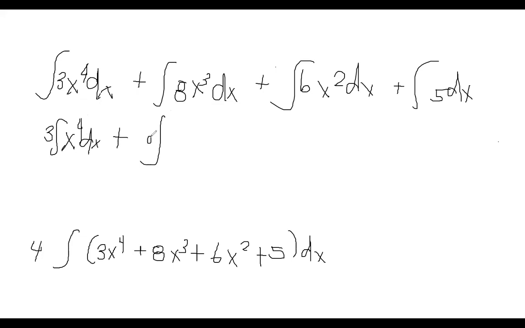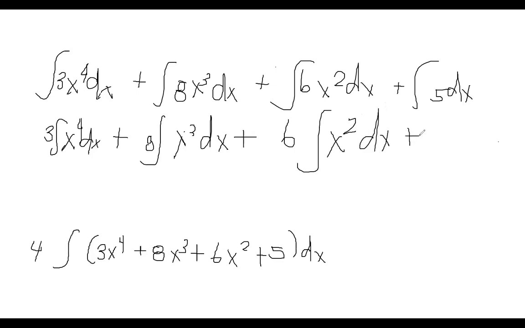We have 8 as a constant here and x cubed. And we have 6 as our constant. We can simply put them outside the integral symbol and integrate the x squared dx, plus 5, which is a constant alone, then dx.